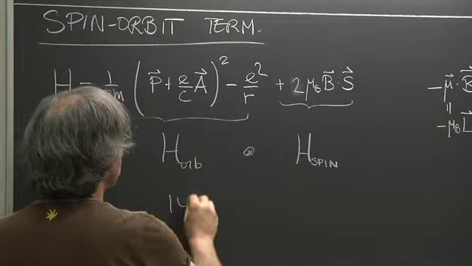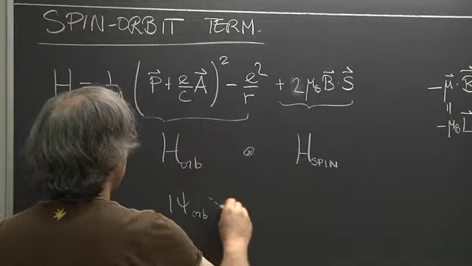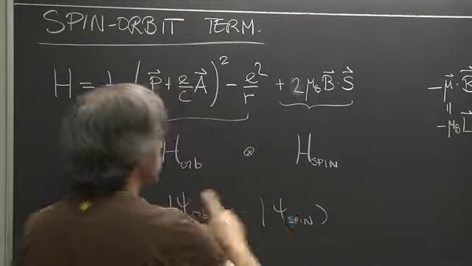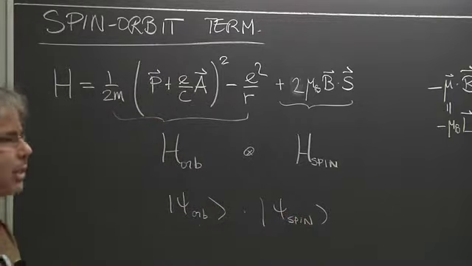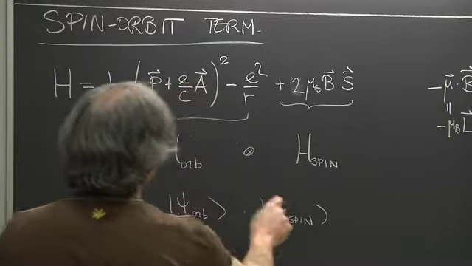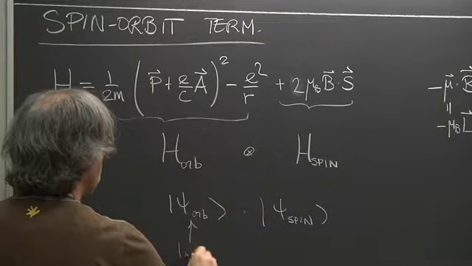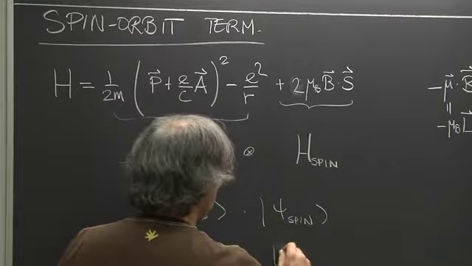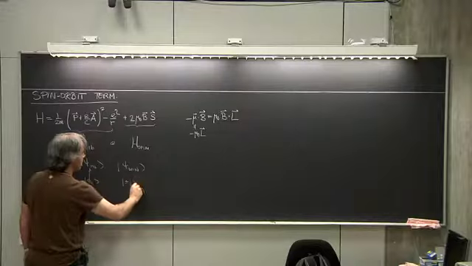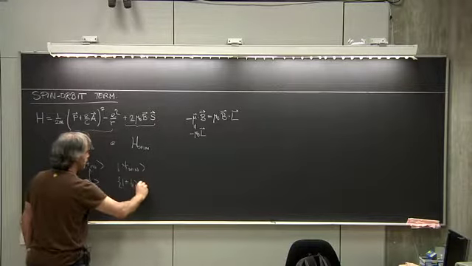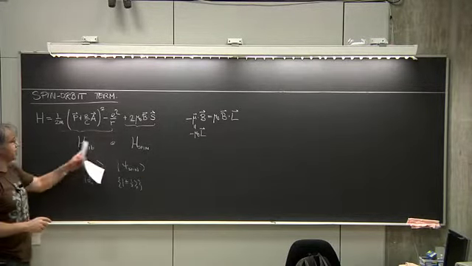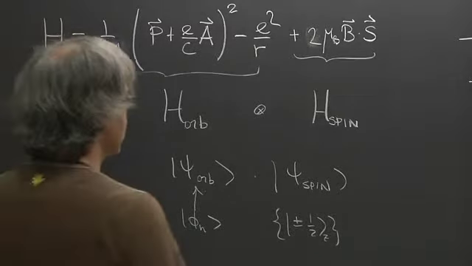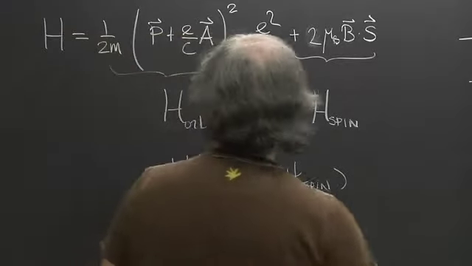You can always work with a state of this type, an orbital wave function times a spin wave function. There's no need to introduce any real mixing. We discussed that in general, given a basis of those states, phi n, and the basis of the spin states, for instance the plus or minus 1/2 z states, the most general state that you can form is not a factorized state, but rather a term of this type.